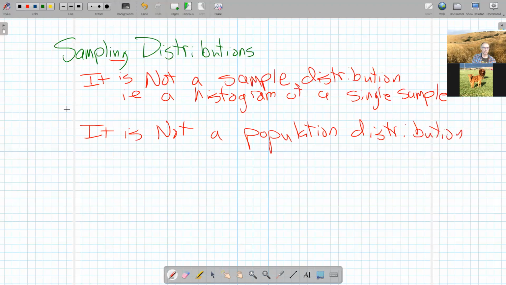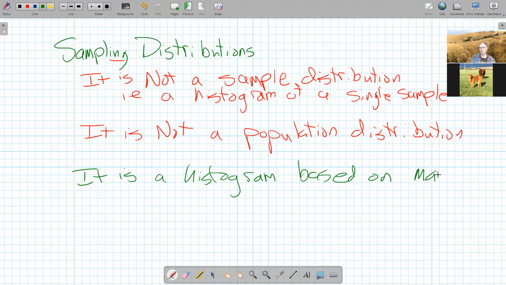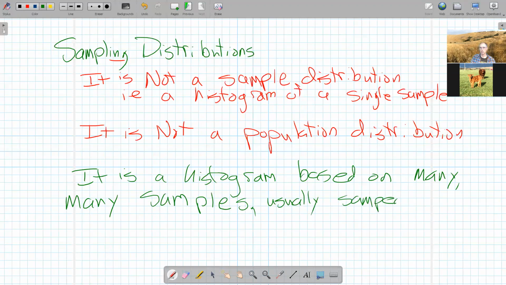What is it then? It is a histogram based on many samples, usually based on just the sample mean.